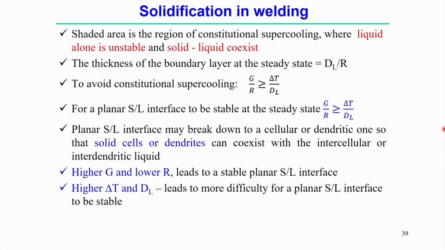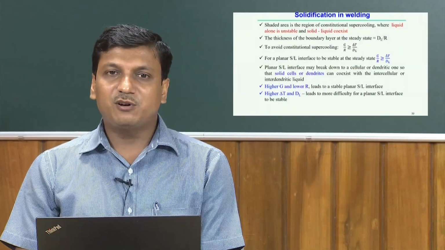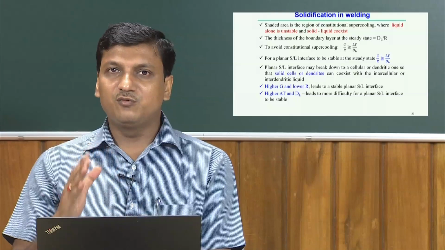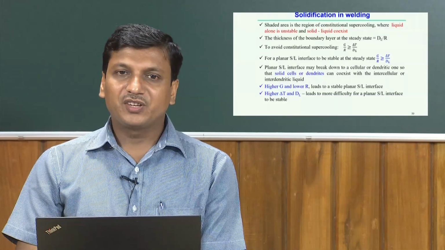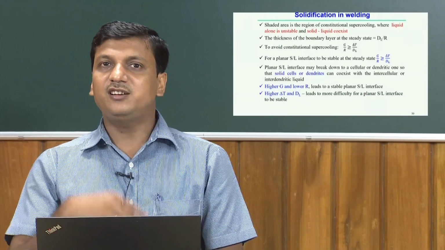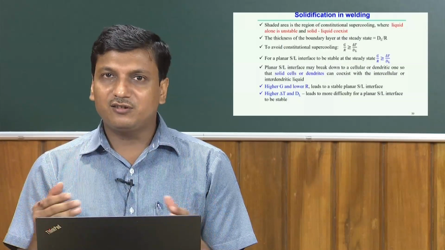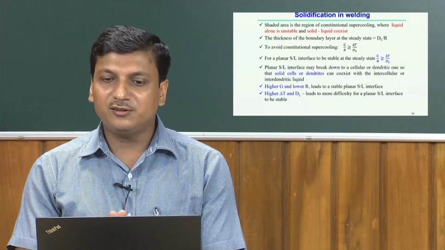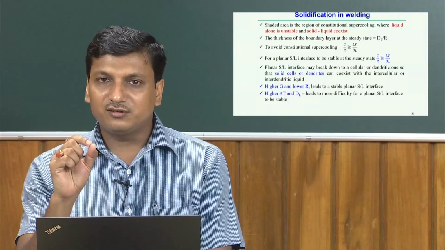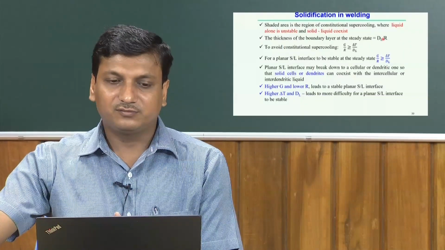In that zone solid and liquid coexist. Now, to estimate that slope we assume that the thickness of the boundary layer during the movement of the solid-liquid interface at steady state is better described by DL by R. DL is the diffusivity and R is the growth rate, and dimensionally DL by R represents length.